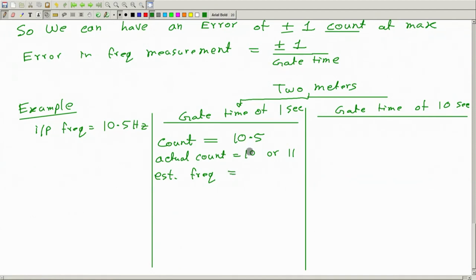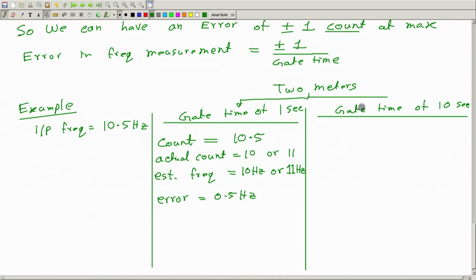If it is 10 within 1 second, then the frequency is 10 hertz. If the count is 11 within 1 second, then it is 11 hertz. So, the error is how much? The error is like 0.5 hertz.